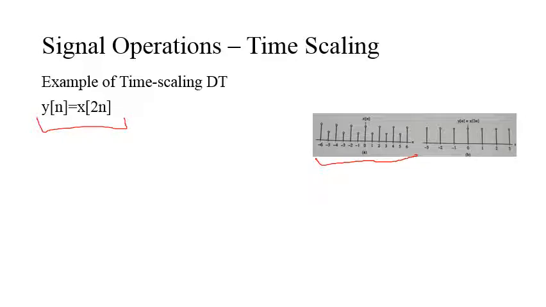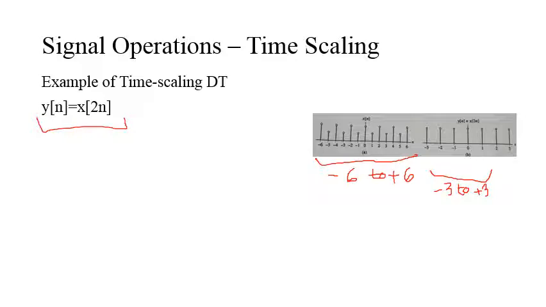So if we compress it by a factor of 2, I can write that it is -6 to +6, and if I scale it by a factor of 2, that means the resulting signal will have values that, dividing 6 by 2, will result into -3 to +3.